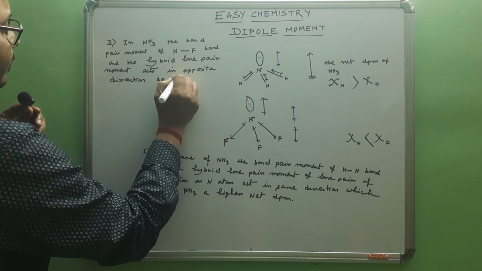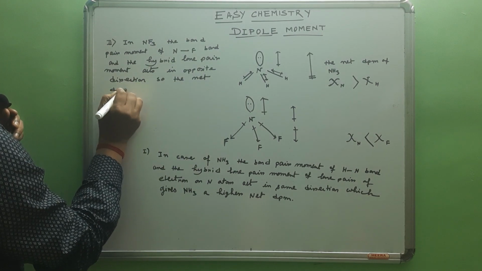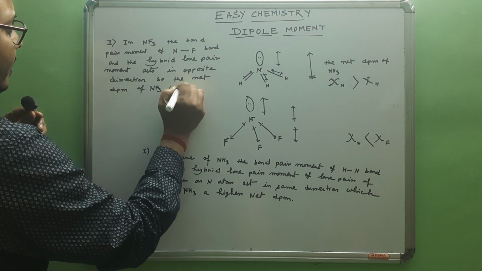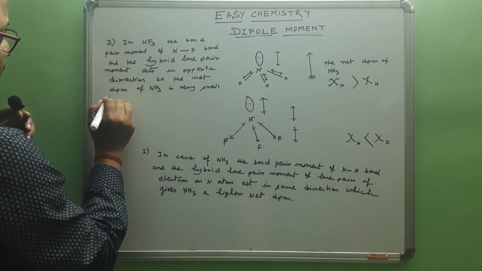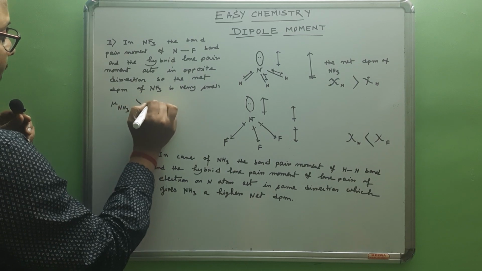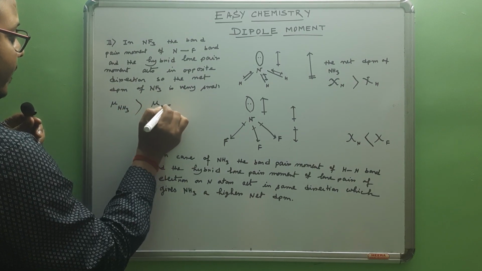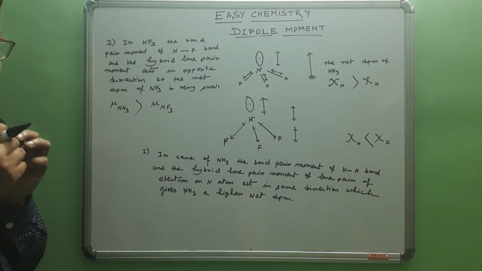So the net dipole moment of NF3 is very small. So therefore the result is mu NH3 is greater than mu NF3, and these types of questions are very often asked in your competitive exams.